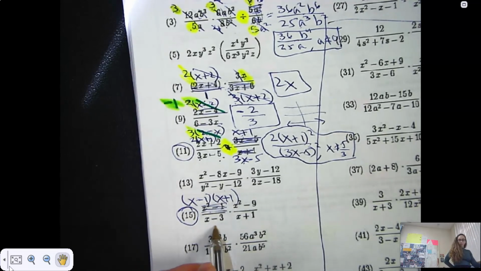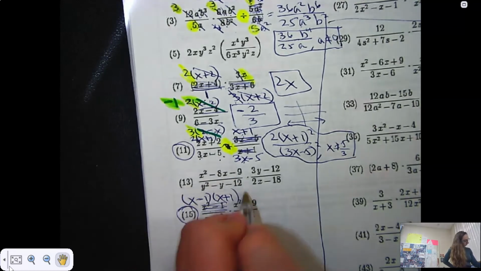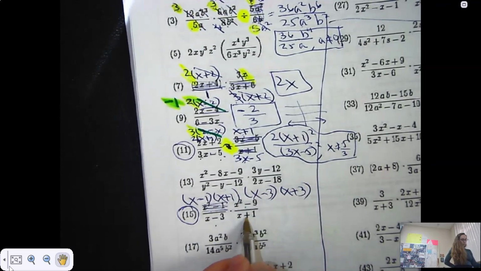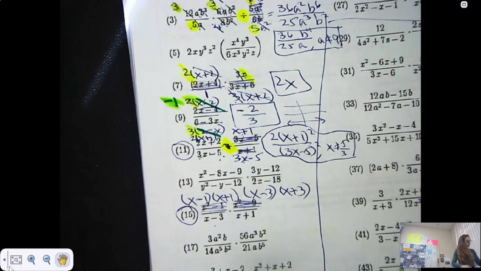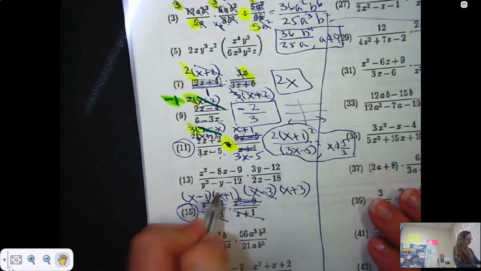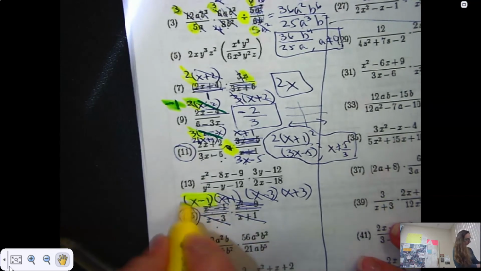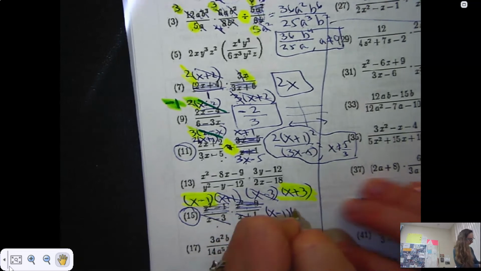Can you factor this one? No. Factor this one. Can you factor this one? No. Now we're going to start crossing things off. X minus 3, x minus 3, x plus 1, x plus 1. Now I go through. I like to highlight. I'm left with x minus 1, x plus 3.